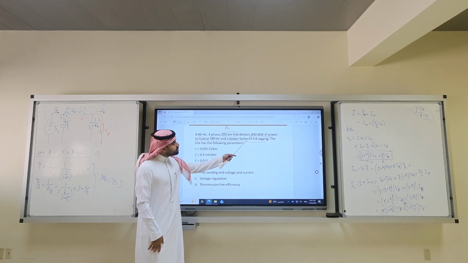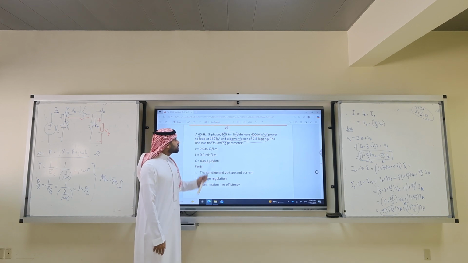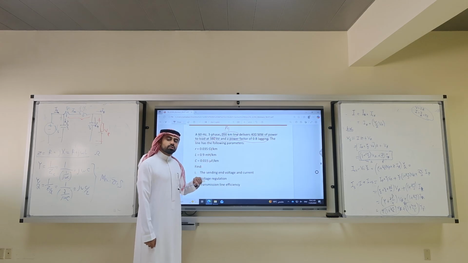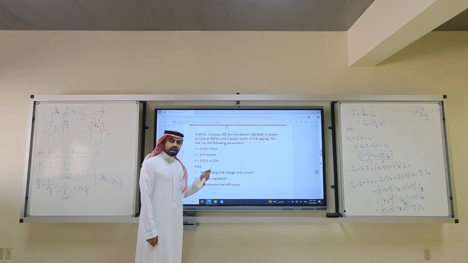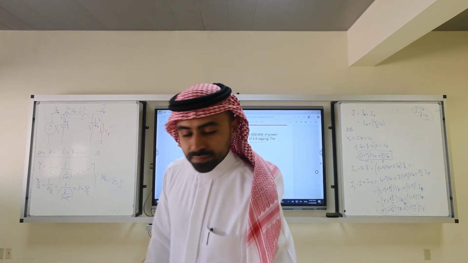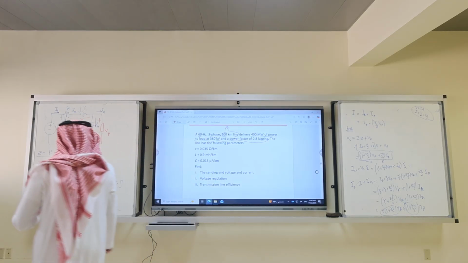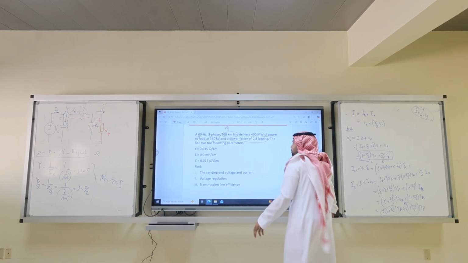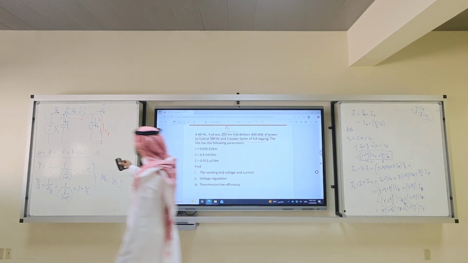So the load is 400 megawatt, 0.8 lagging, with VR to be 380. So we love line to line. What is VR if we draw it in the single phase circuit? 380 over square root of 3. So that's the first step. The first step to solve this problem is to draw the single phase equivalent circuit of the pi model.